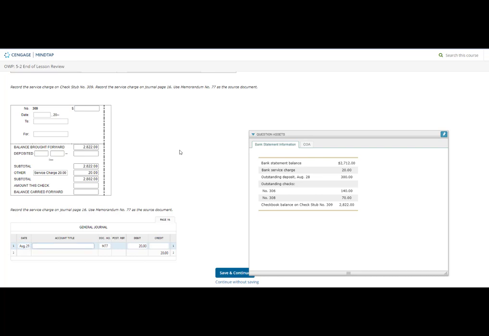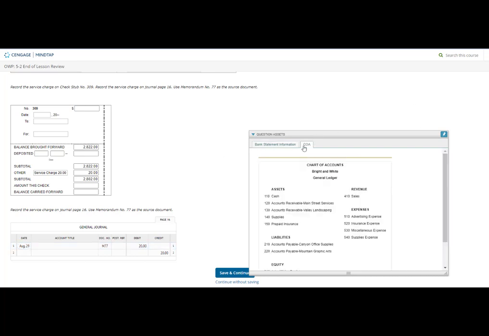And we have our two different accounts, and the first one is our miscellaneous expense, and you'll see that miscellaneous expense is under the expense category. And we had it for $20. And the other thing that's going to change is our cash, as our cash was deducted.